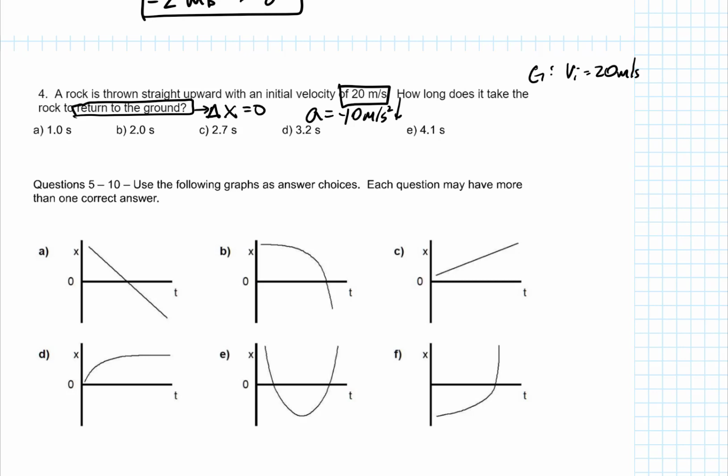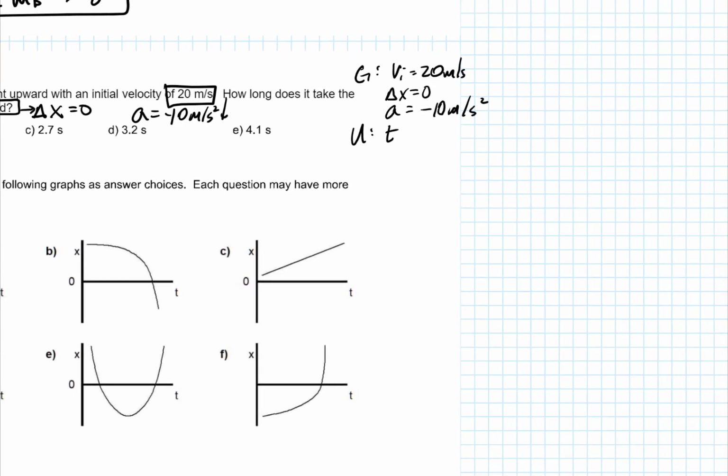I'm given that the delta x is equal to 0. I'm given that the acceleration is -10 meters per second squared. My unknown is how long it takes. And again, if you don't feel like doing number 4, this one is optional. That's from the next unit, so we're going to let that go. I'll go ahead and solve it.